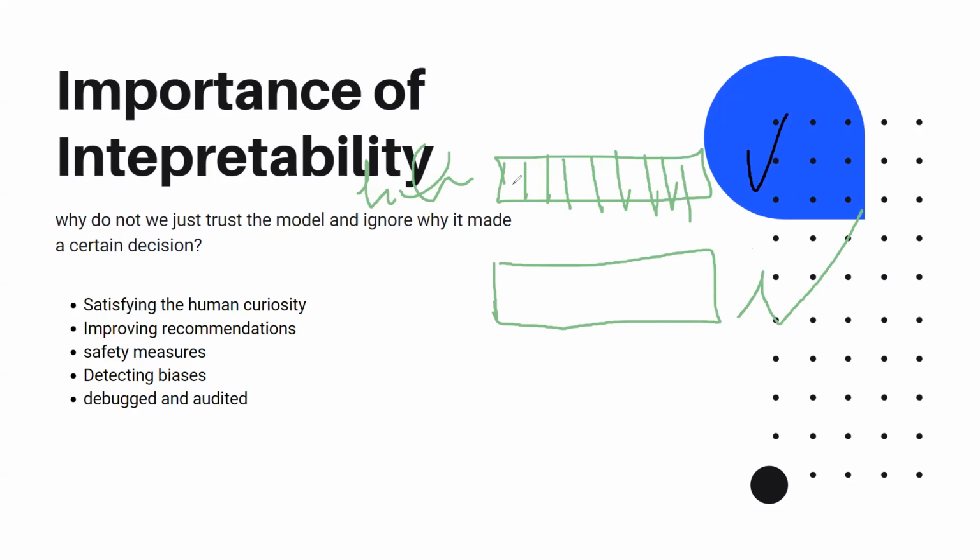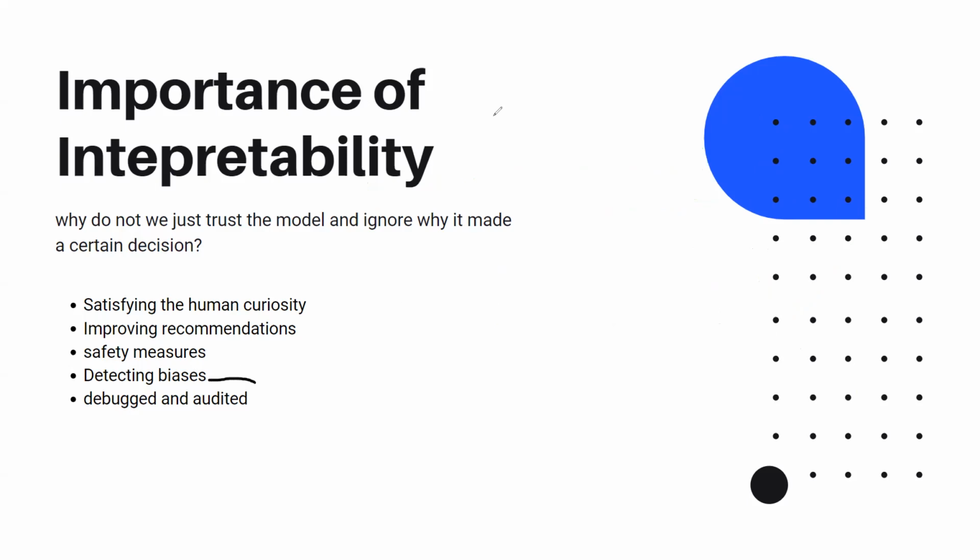So let's take income and other features, like education level and stuff like that. Given all of these exactly the same, the model would give the loan to a white man over a Black woman. So this is what detecting biases means, and this is a very important part right now.